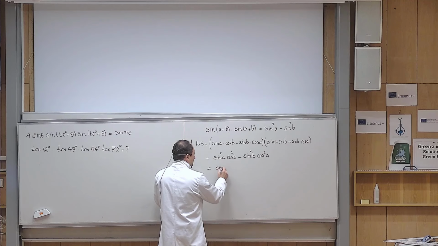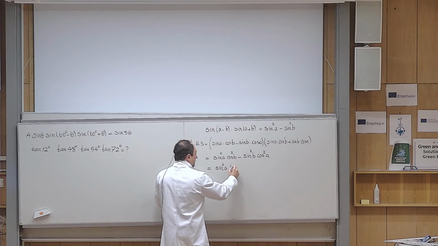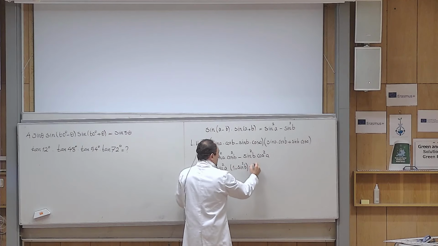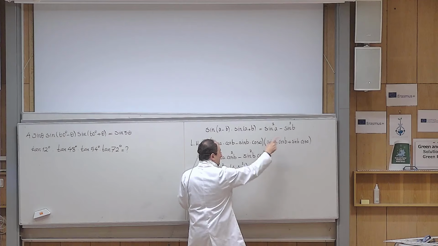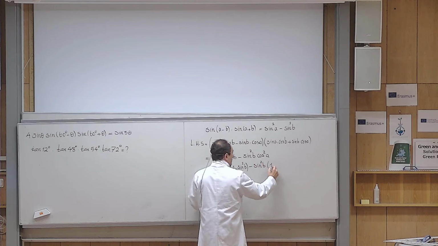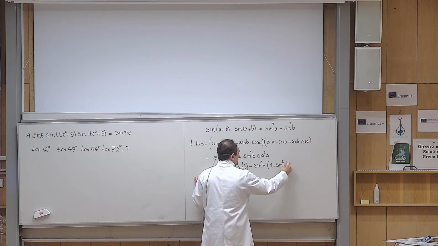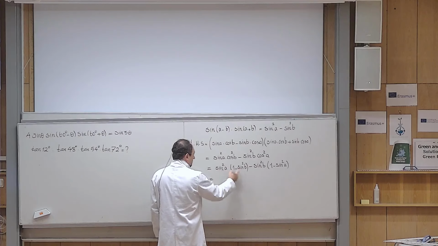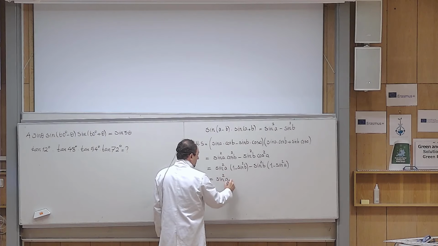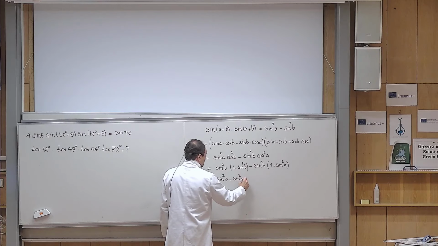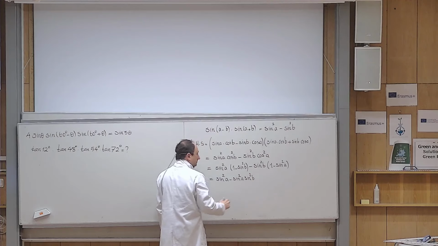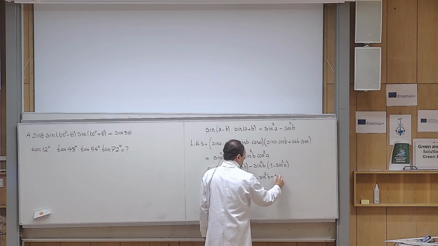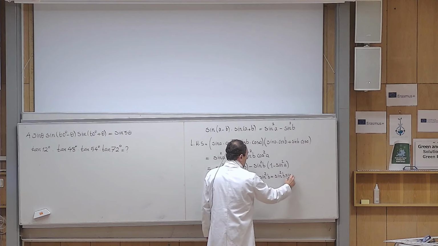I copy the first one, but for this one I can write 1 minus sine squared B. Then minus sine squared B, I keep it because I need it for the right-hand side, but I don't need this cosine, so I eliminate it using this very famous formula: cosine squared A is 1 minus sine squared A. Then I multiply this inside, so it becomes sine squared A minus sine squared A times sine squared B, and multiplying this in, minus sine squared B plus sine squared B sine squared A.